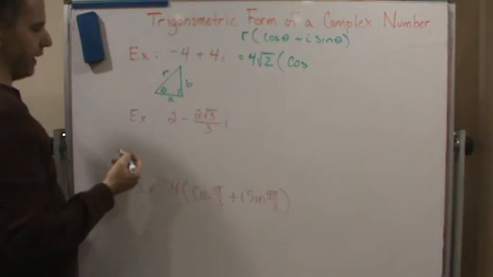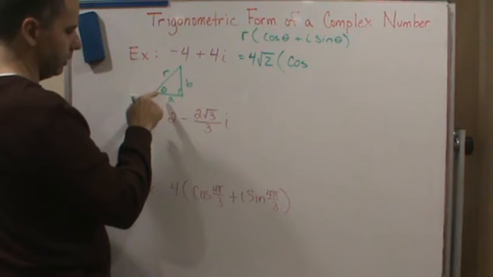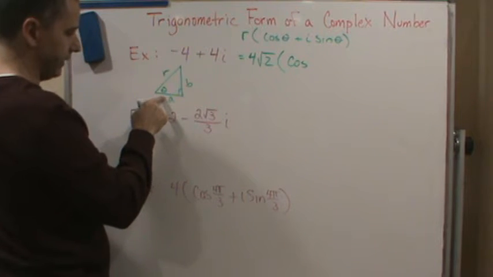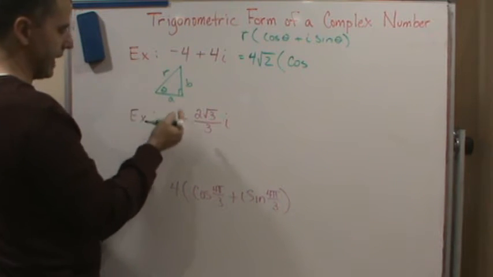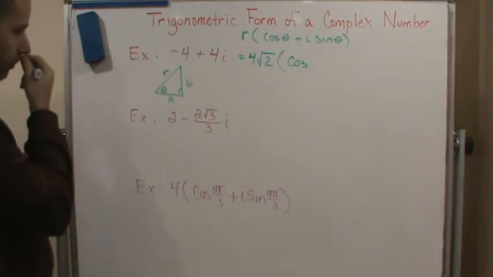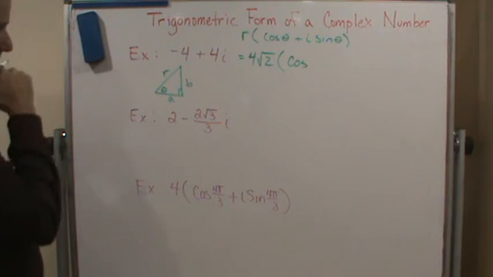The way to do that is, well, we know A is equal to R cosine theta, and B is equal to R sine theta. But that's not really going to help us.